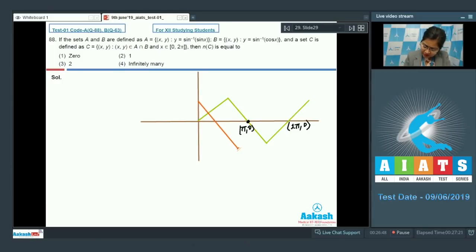That will be something like this. So when x goes from 0 to 2π, we can see that there are 2 points at which these two graphs intersect, which means that the number of elements in A intersection B will be 2. So the number of elements in C will be 2. So option number 3 is the correct choice.